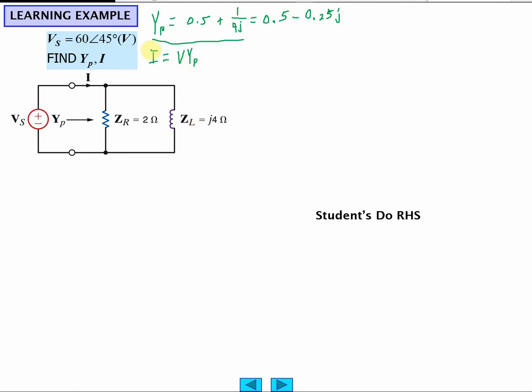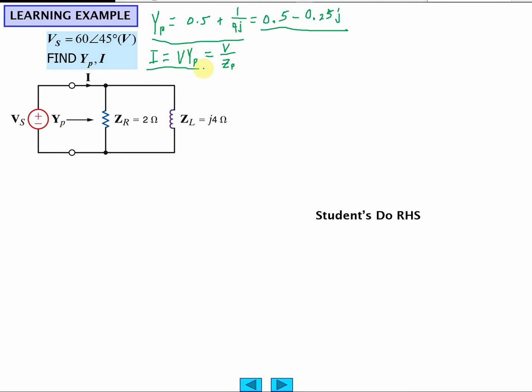Current times impedance is voltage, and the admittance is the reciprocal of the impedance. So you could write this as V over Z of the two parallel components. You could write it like that. Okay, we have the admittance here, and it's easier this way.